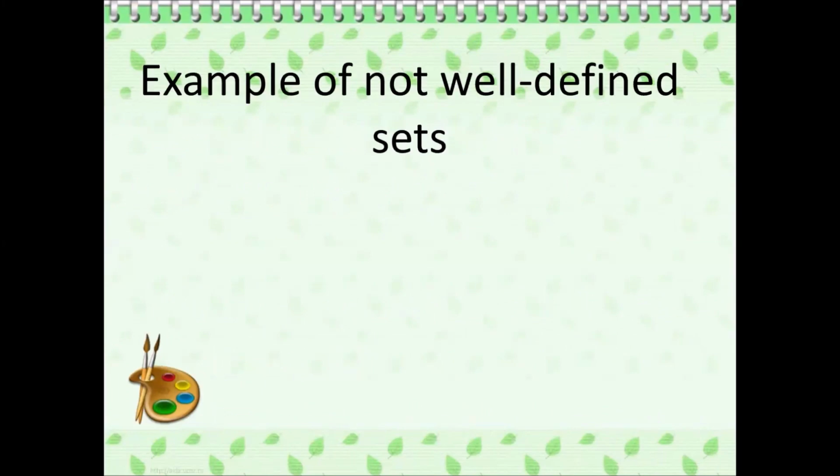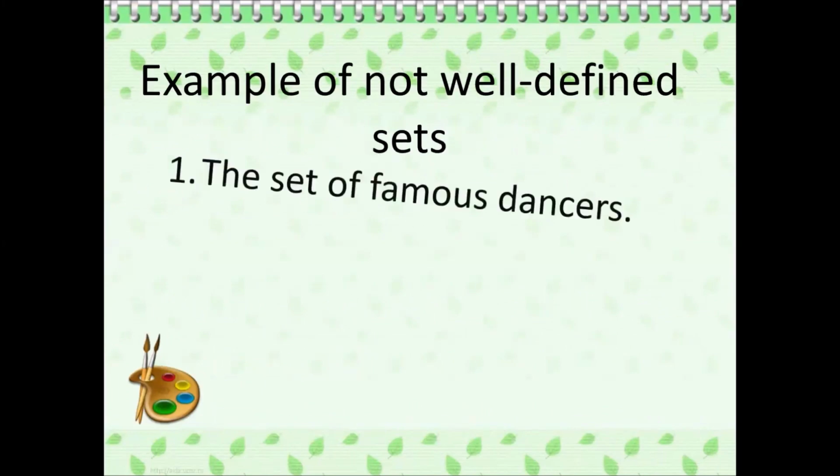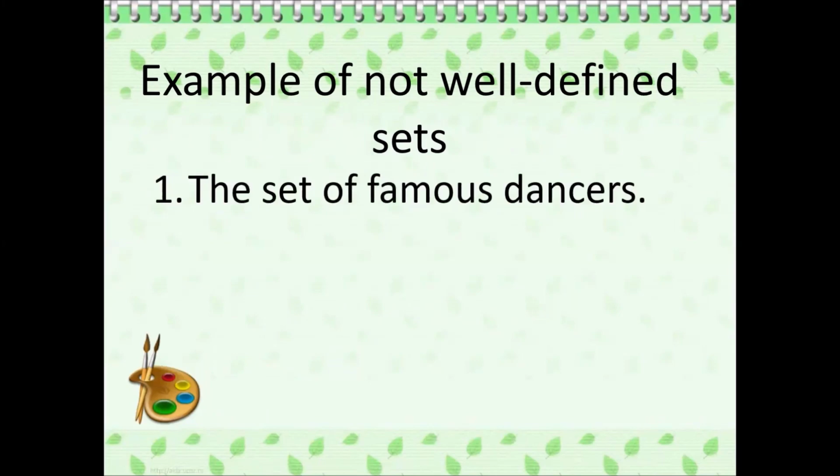Examples of not well-defined sets. The set of famous dancers. This is when it comes to the characteristics of persons, places, or things, which are examples of a not well-defined set.